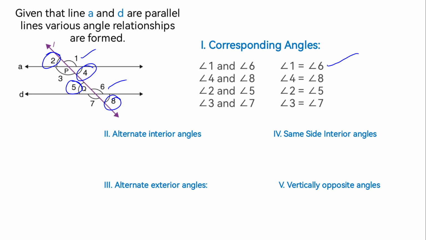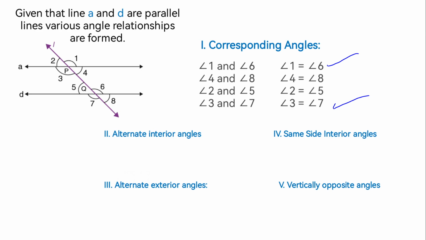Next is angle 3 and angle 7. They are said to be corresponding angles. Since they are corresponding angles, of course, we can say that angle 3 is equal to angle 7. Next relationship that can be formed is the alternate interior angles.